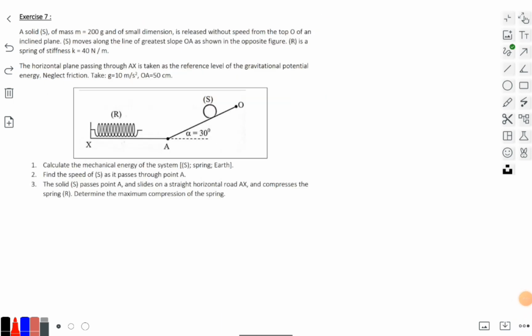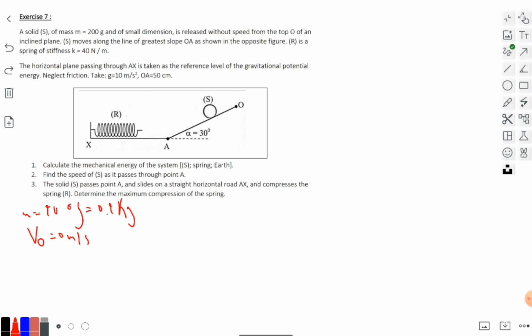Exercise 7. A solid S of mass m equal to 100 gram. From gram to kilogram divide by 1000, so it's equal to 0.1 kilogram. And of small dimension, it is released without speed from the top O, so V0 equal to 0 meter per second, of an inclined plane. S moves along the line of greatest slope OA as shown in the figure.